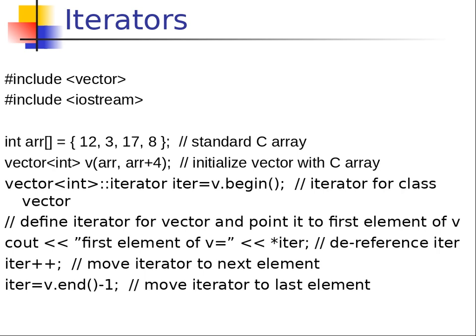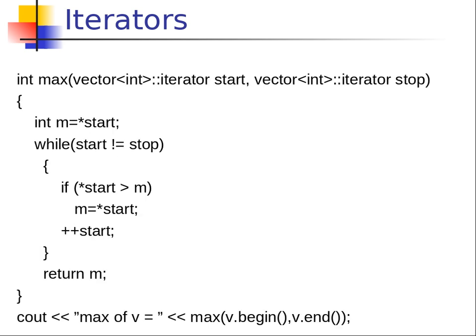And this is exactly the code we just did. But notice that max is being passed 2 iterators, and it just deals with the iterators, not with the data structure.